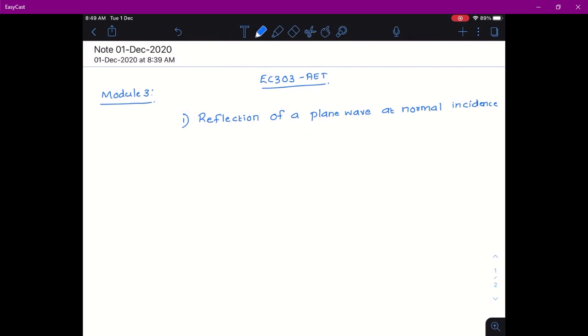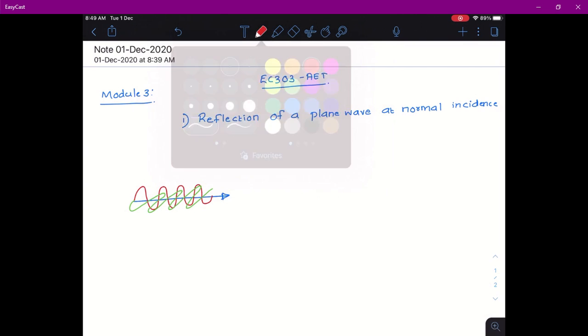So we had initially discussed that the plane wave, or the electromagnetic wave, will propagate in a direction, and the electric and the magnetic fields will be perpendicular to the direction of propagation. So if this is the electric field, the corresponding magnetic field will be something like this, and both electric and magnetic field will have an orientation.